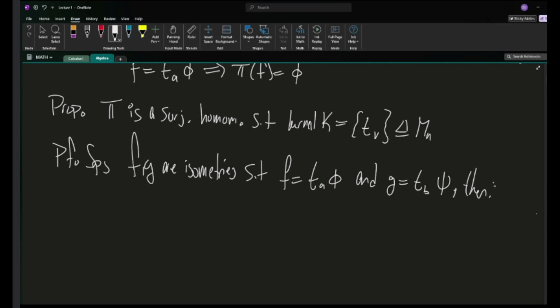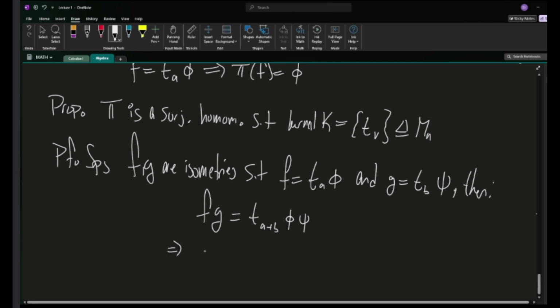Then FG is equal to T, the translation of A plus B of phi and psi.